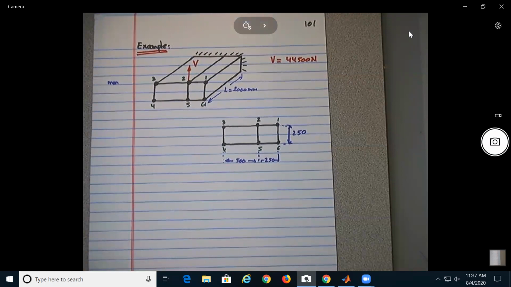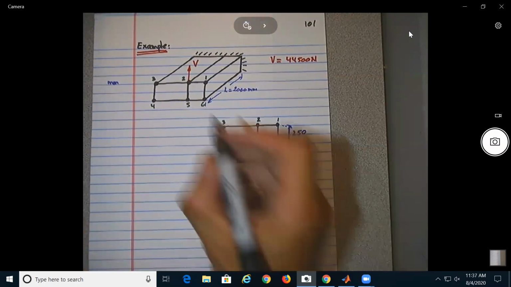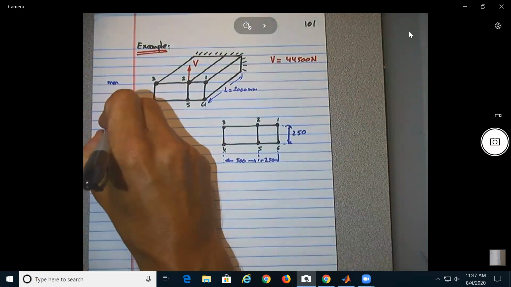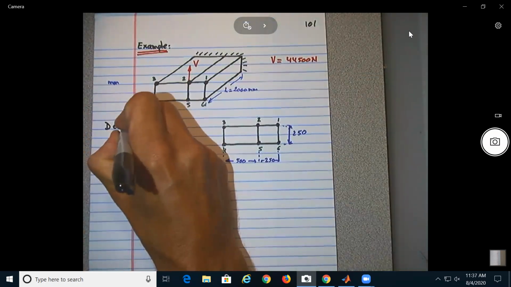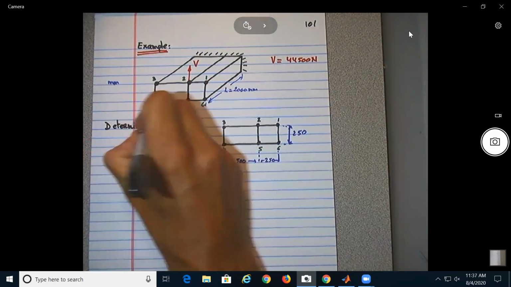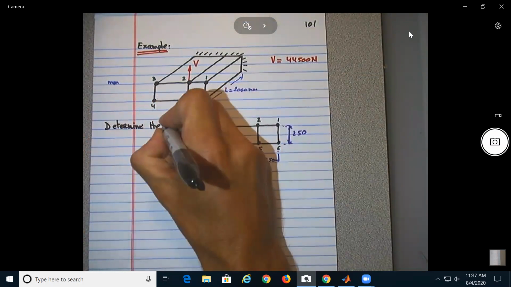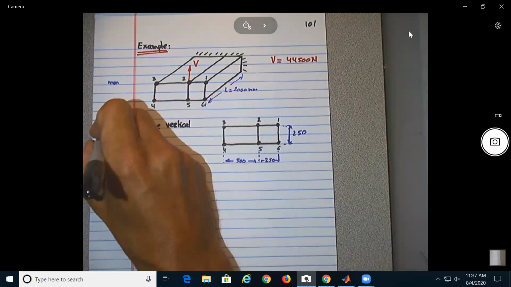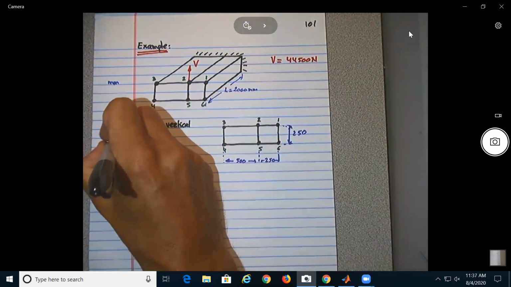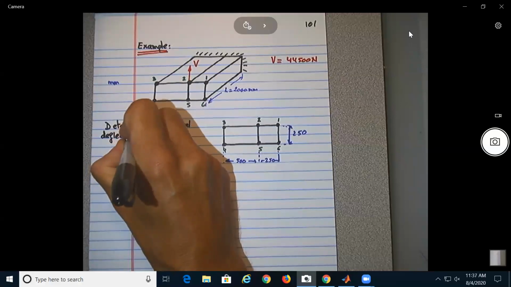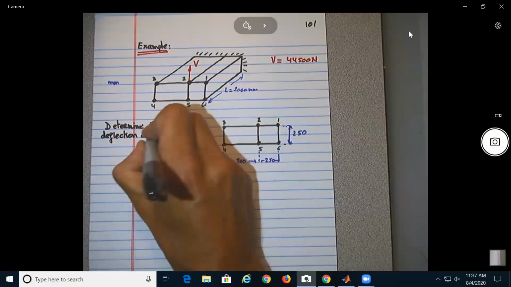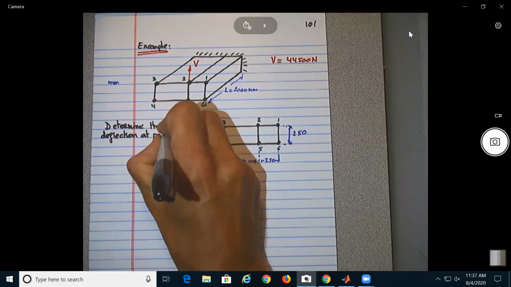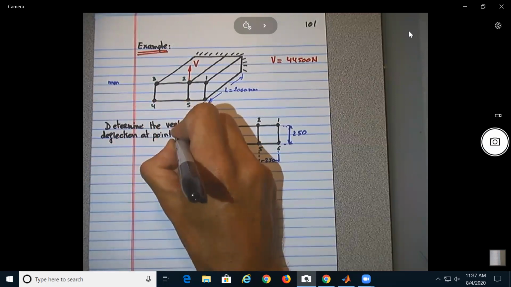Okay, so the question over here is to determine the vertical deflection at point 2.